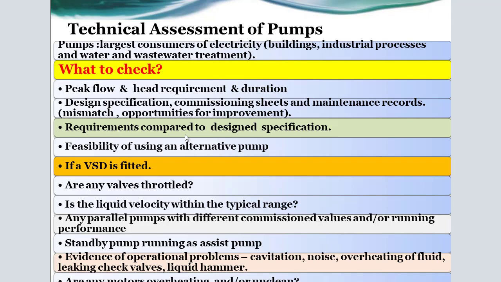Also checking if any valves are throttled, and if the liquid velocity is within the typical or recommended range or not. And the energy auditor also checks if there are any parallel pumps with different commissioned values running, or checks the running performance. The energy auditors will also check if there are any standby pumps that run in order to assist the pumps in the system.